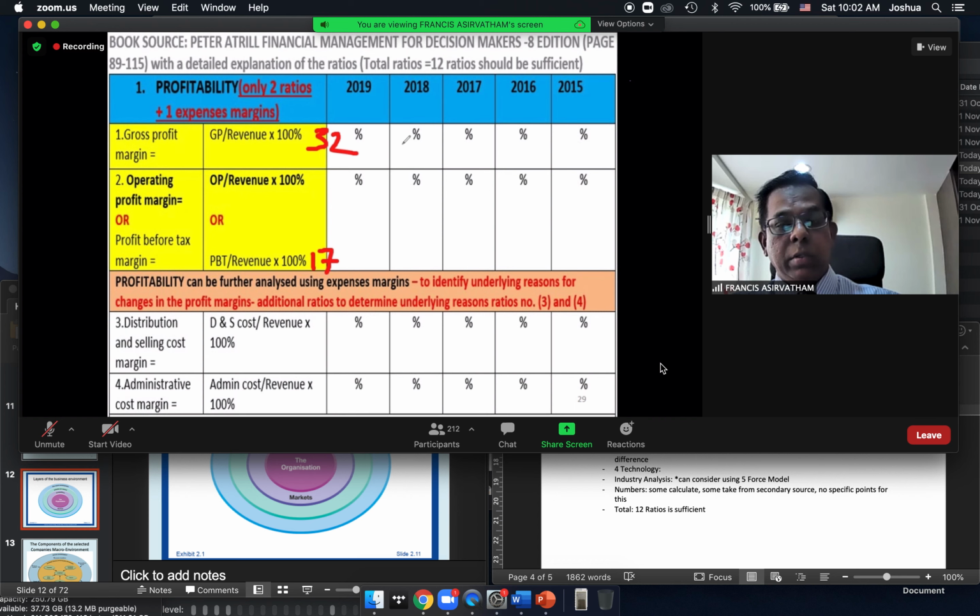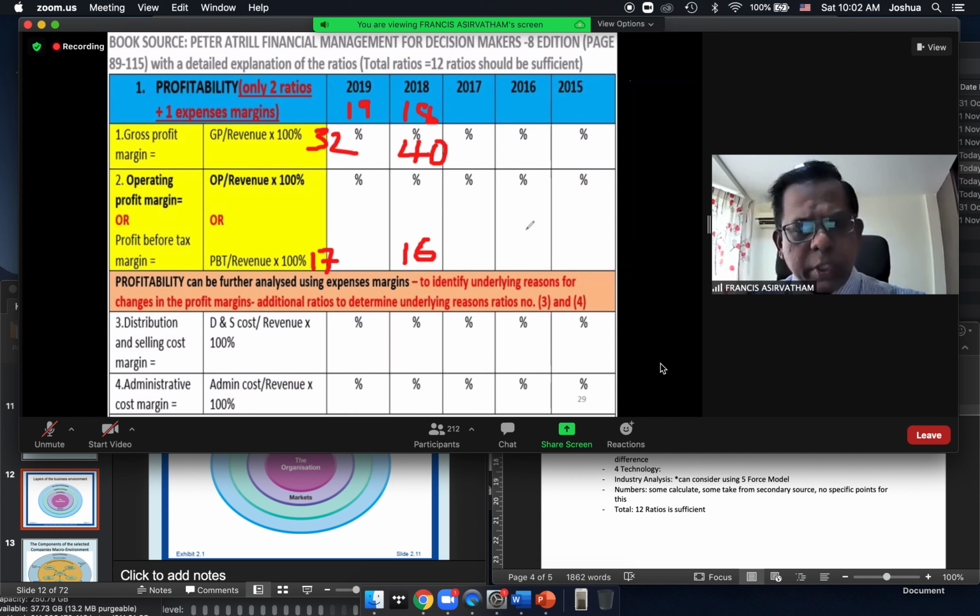Here, let's say this is year 2019. This is year 2018. The margin here was 40%. And net operating profit margin 16%.